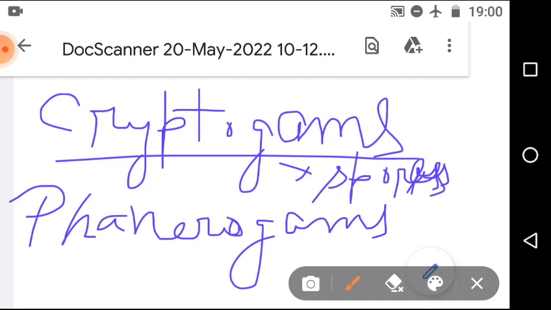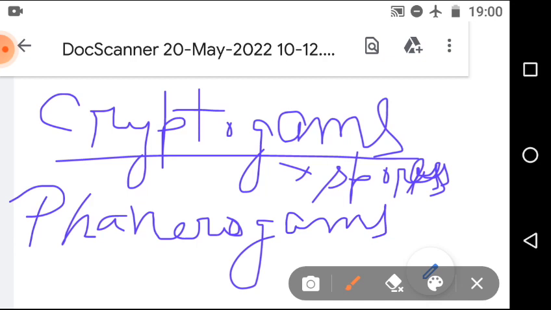This much you remember. Examples of cryptogams are algae, lichens, mosses, ferns, and some non-photosynthetic organisms, which means they don't produce food by photosynthesis, like fungi and slime mold.